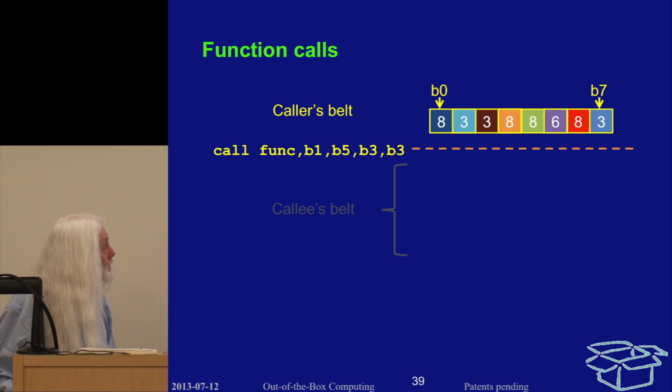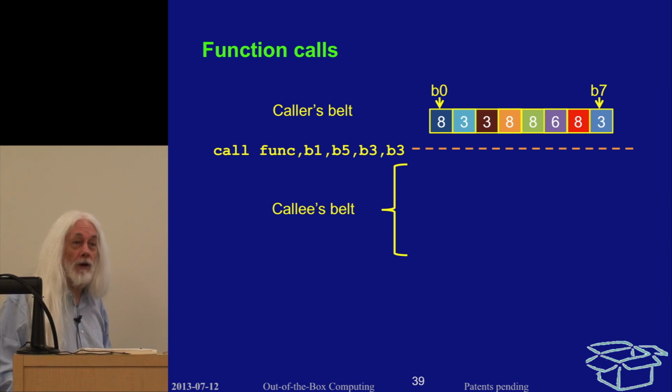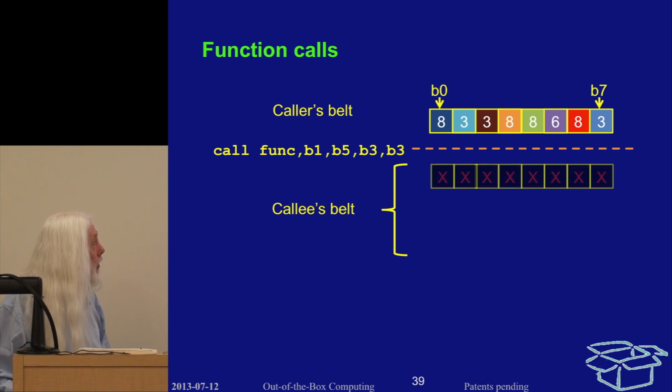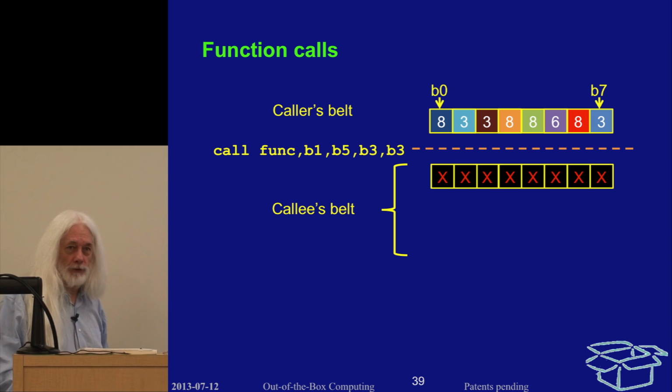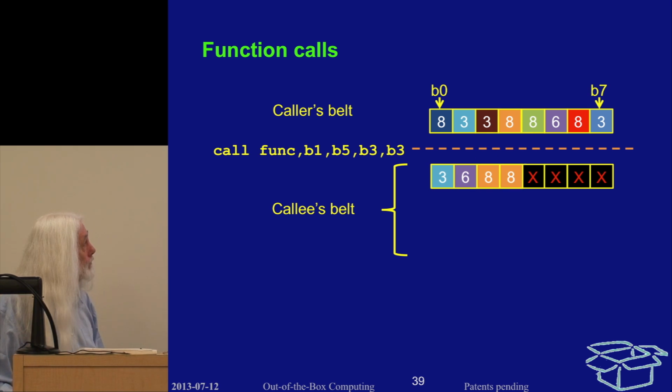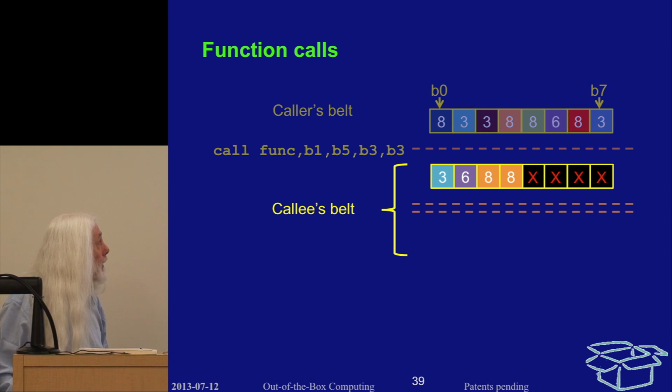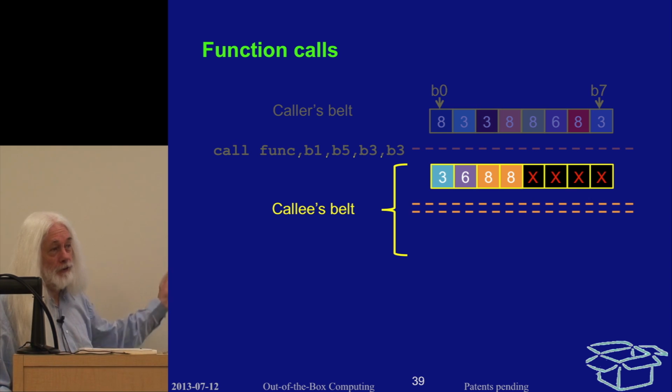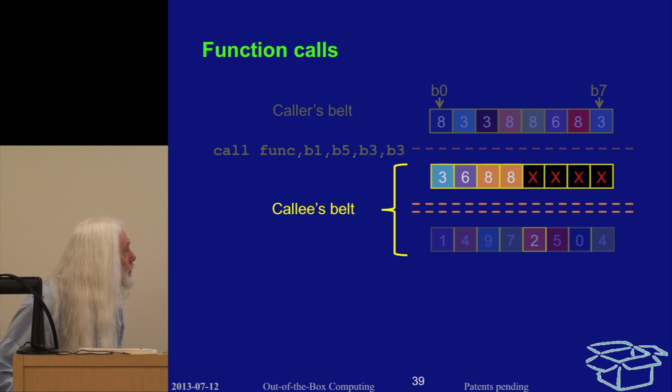1 cycle later, we are now in the callee, and he has an empty belt, brand new scratch, except that it has been preloaded with copies of the actual arguments. He operates for a while. Double dotted lines mean some unknown number of cycles.